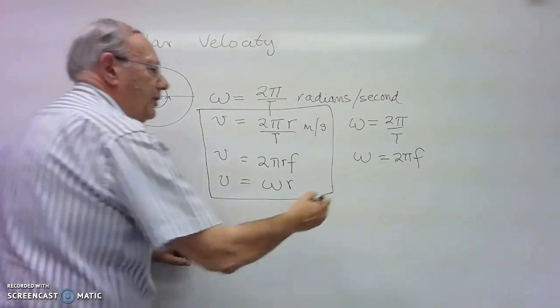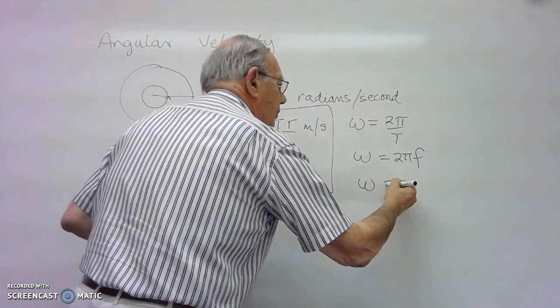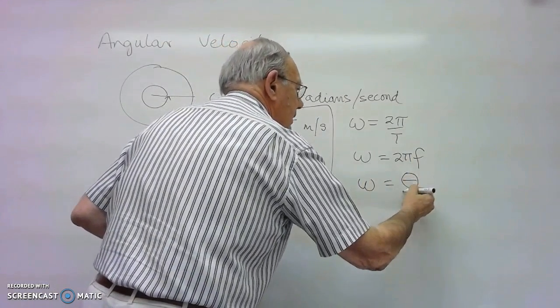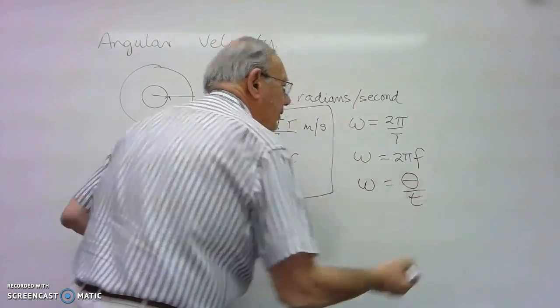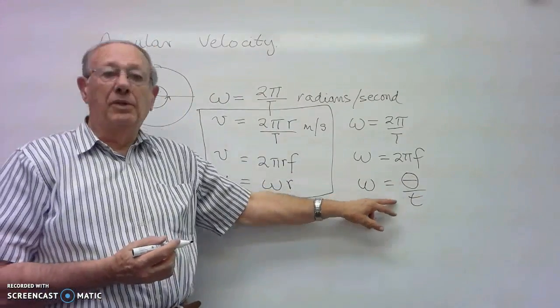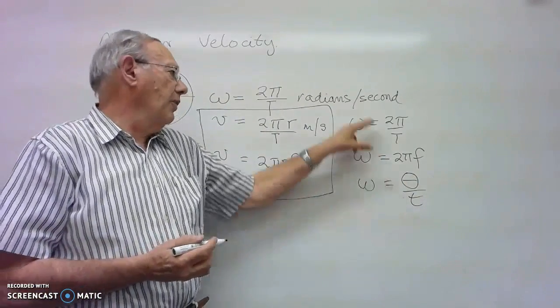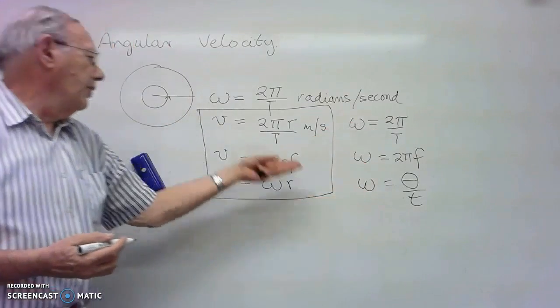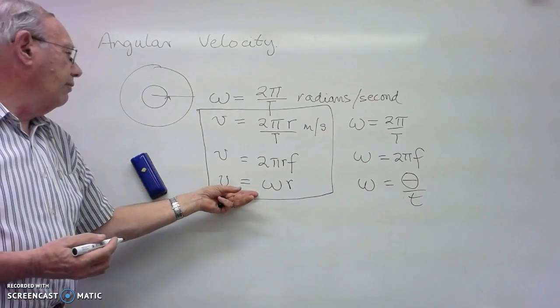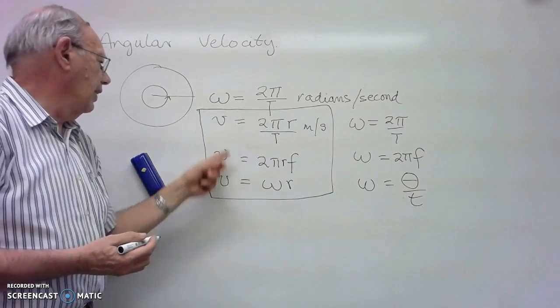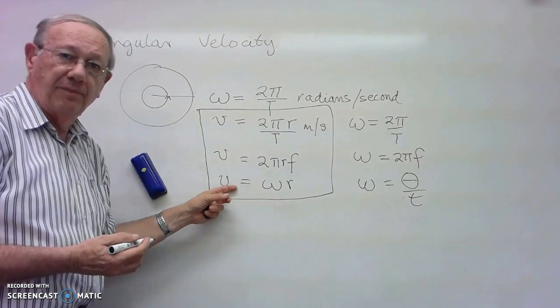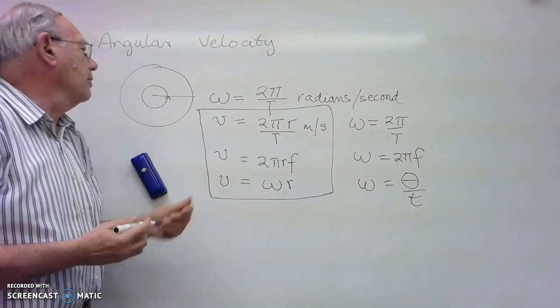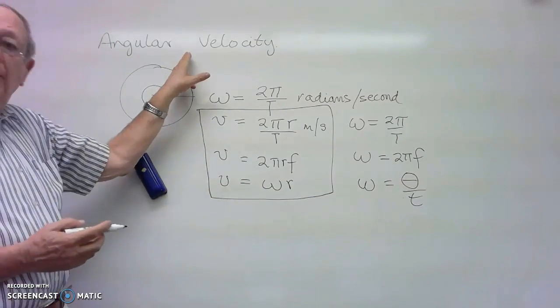And we've got the angular velocity is equal to the number of radians divided by the time there. Now this time here is not to be confused with the period. So we've got these expressions for angular velocity, and these expressions here for the instantaneous velocity. So that's our second aspect of circular motion.